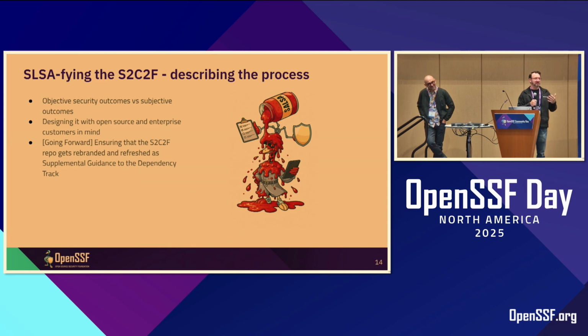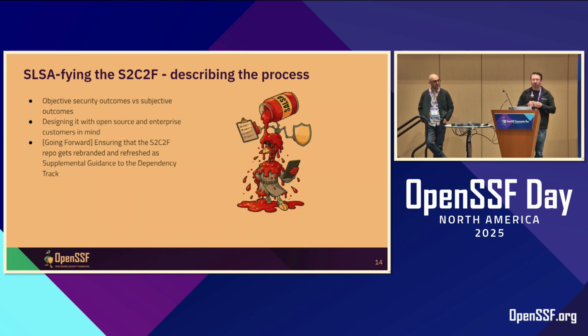This was interesting because there are notable differences between the framework of requirements that S2C2F had and how SLSA conveys the requirements. And I just wanted to step through some of those.